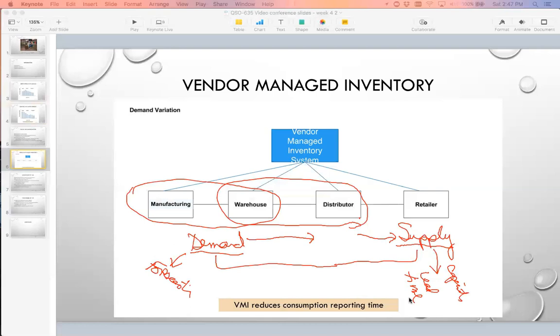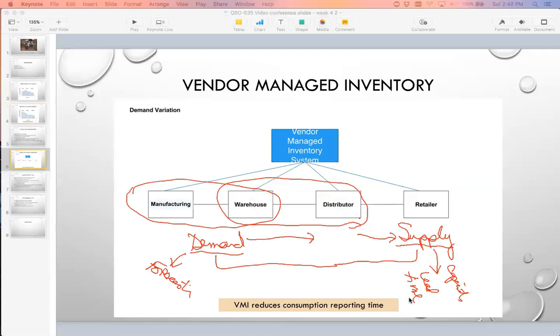So you can look at solutions that allow manufacturing to better understand demand, or ways for the distributor to best understand the supply.